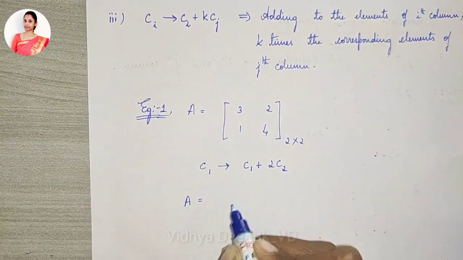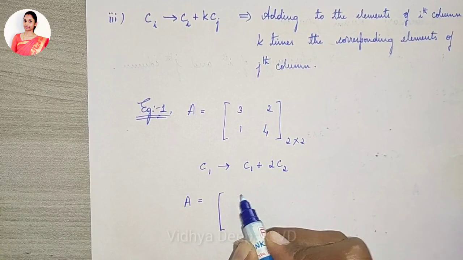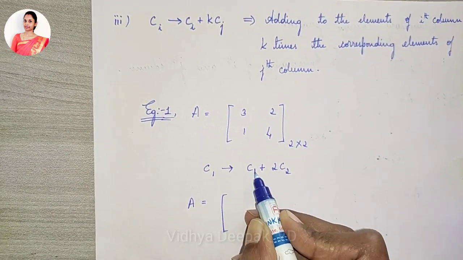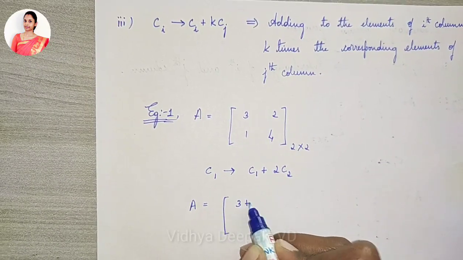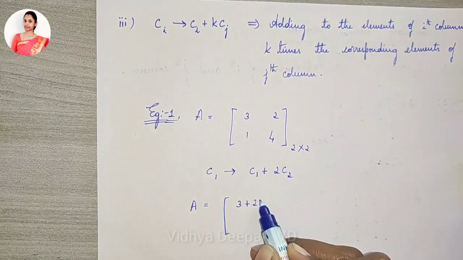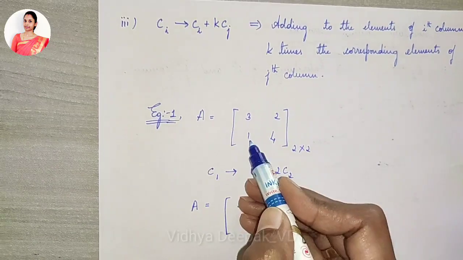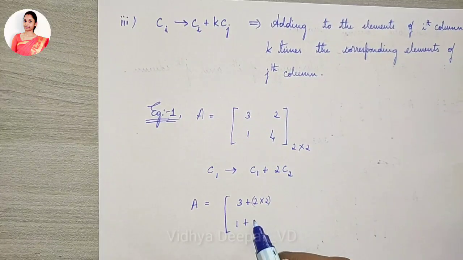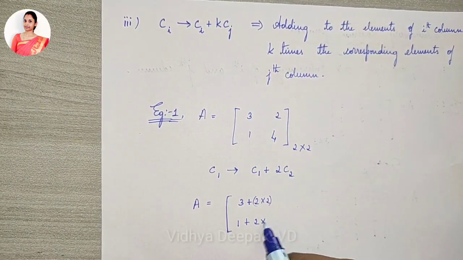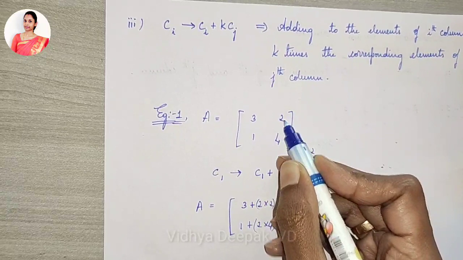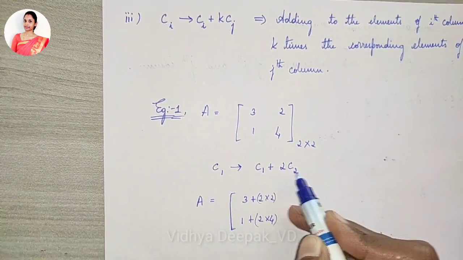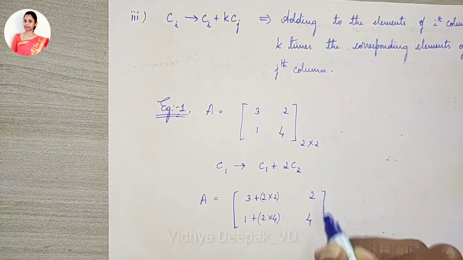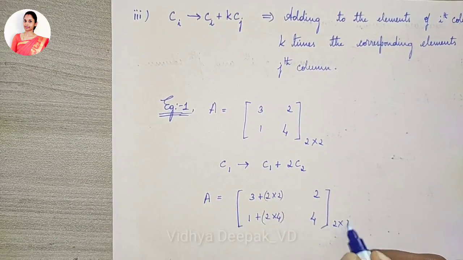A is equal to, we are replacing the first column. How? C1 is 3 plus 2 into C2, that is 2 into 2. Again, for the second element, C1 plus 2 into the second column's second element, 2 into 4. The second column remains the same, 2 and 4, a 2 cross 2 matrix.